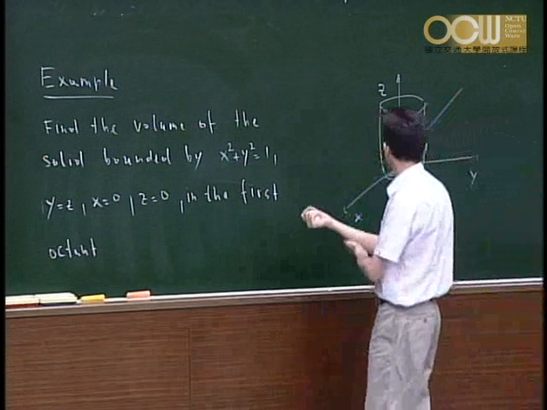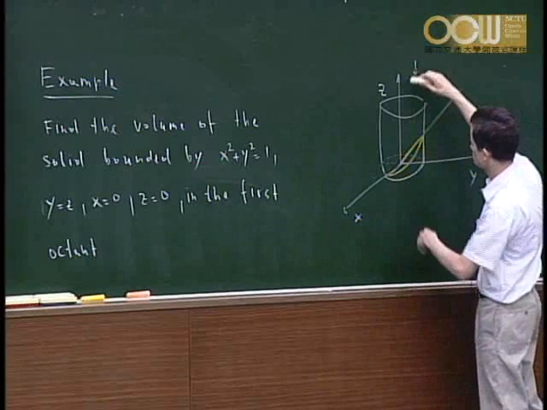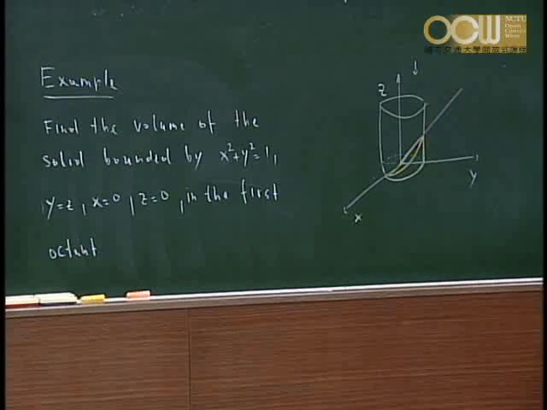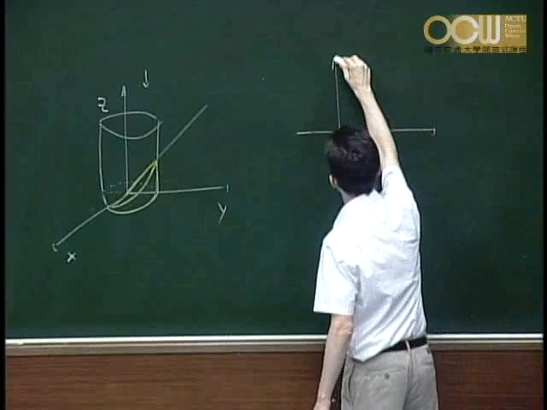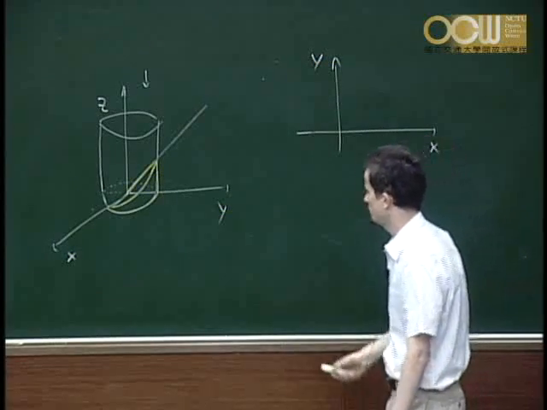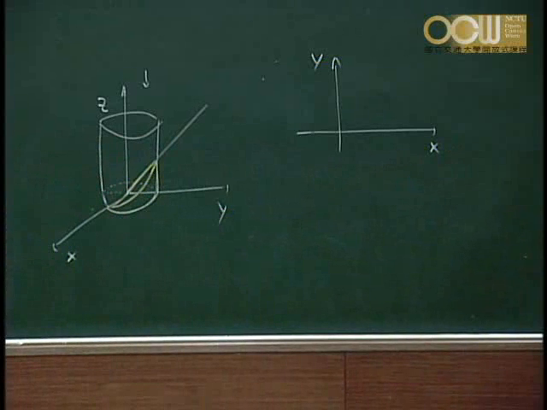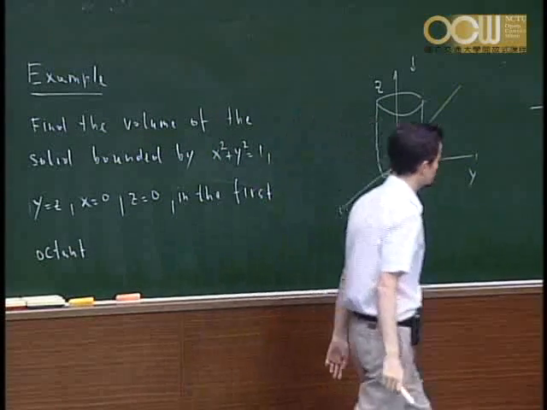Now, if we want to use a double integral in order to compute this, we are looking at it from above, so we project it down on the xy plane. The domain over which we have to integrate is just given by this quarter of a circle, which is given here by the circular cylinder.